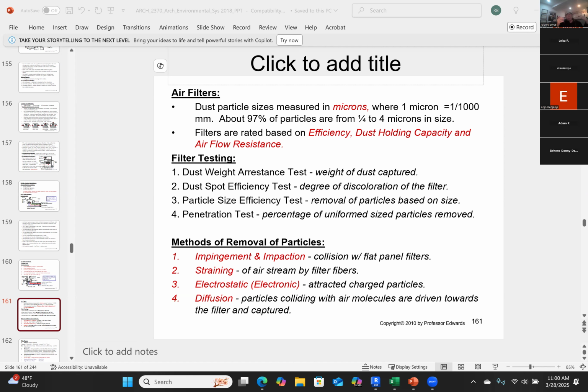So again, we have this conflicting amount of desires here. We want to use less energy to push the air, but we have to use more energy to push the air when we have a good quality filter that grabs and holds the particulates, because that's slowing it down.